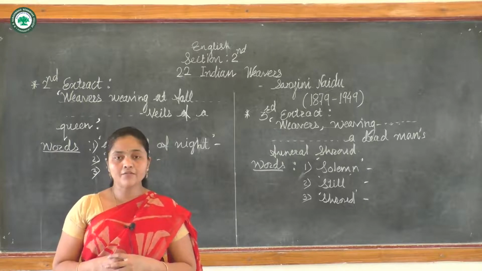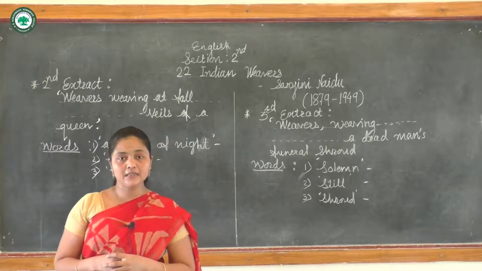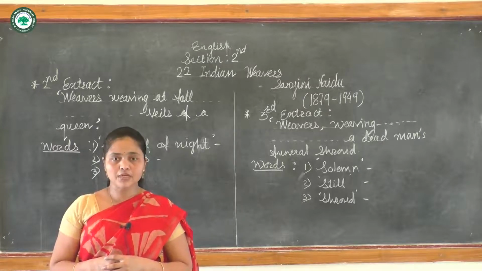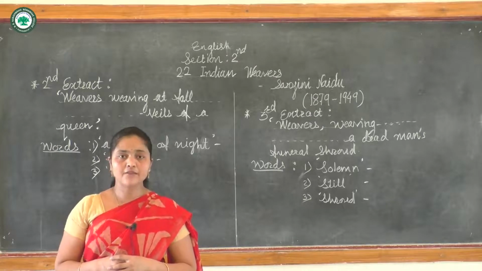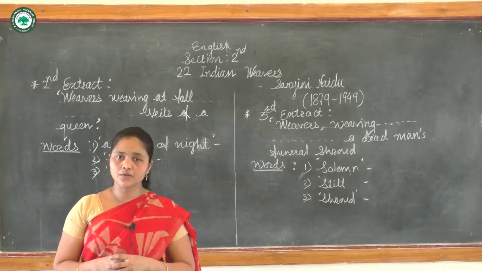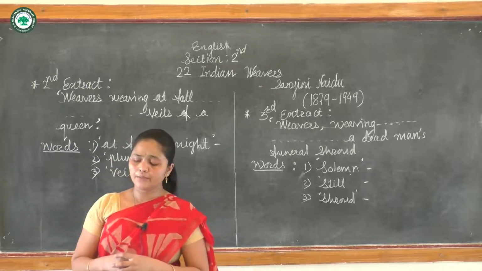In the third and fourth lines, the words green and queen are rhyming words. In the last extract of this poem, the rhyming words from the first line are steel and chill, and from the fourth and fifth lines, cloud and shroud. So these we call the rhyming words of this poem.